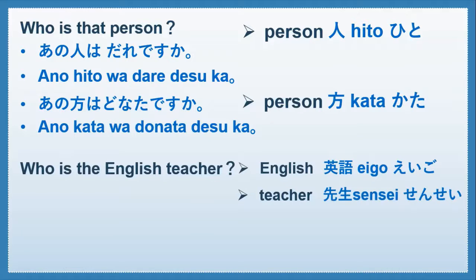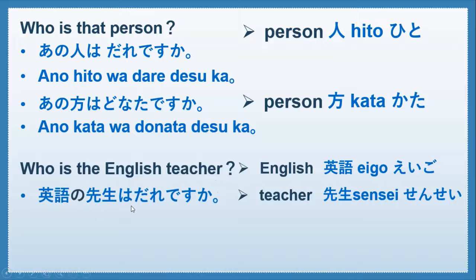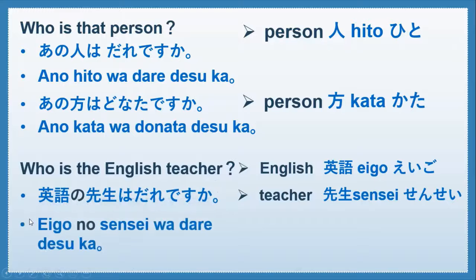So when we say English teacher in Japanese, it is Eigo no sensei. 英語の先生は誰ですか？So this is how we say it.